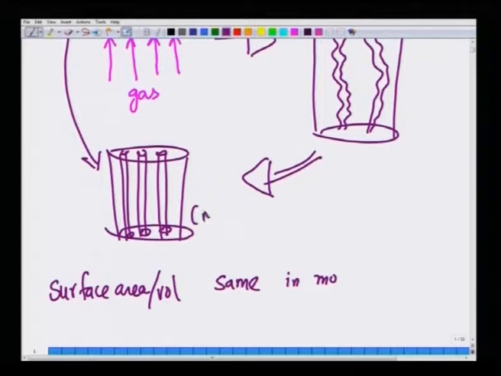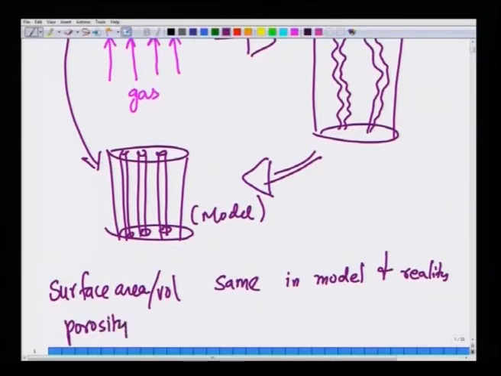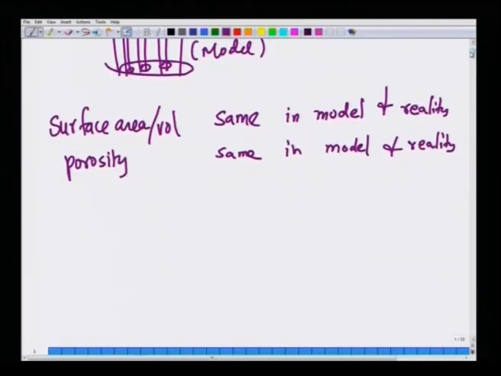The model is the bundle of tubes, and reality is the actual bed. And the porosity, or the void volume, is the same in the model and reality. With these guiding principles, let us move ahead.